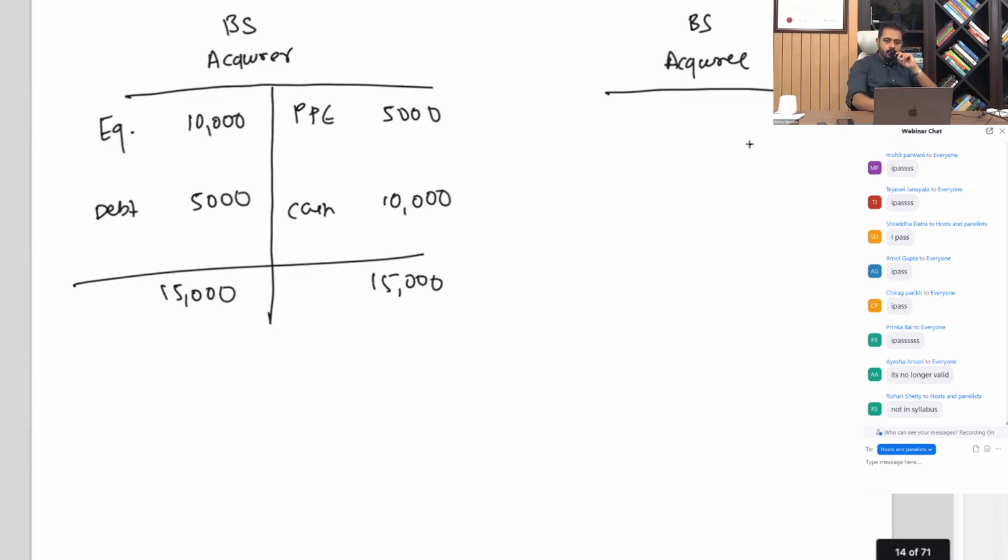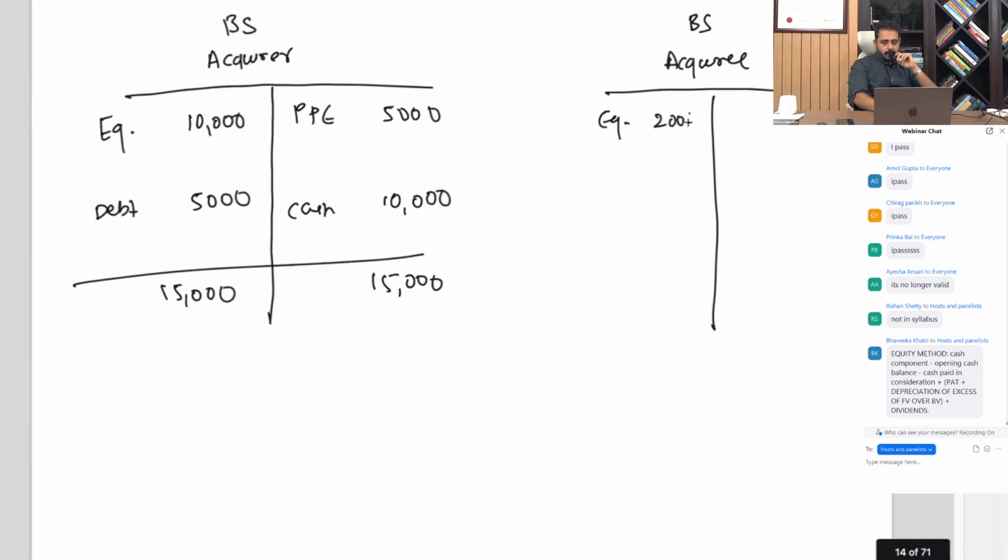Let's go a little more nuanced here. Let's have equity of 2,000. Let's have debt. Let's have long-term debt of 1,000. And let us have accounts payable of another 1,000. So we have 4,000 total here.